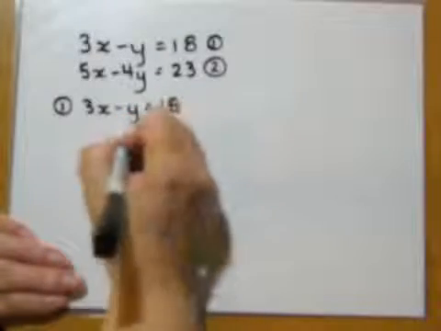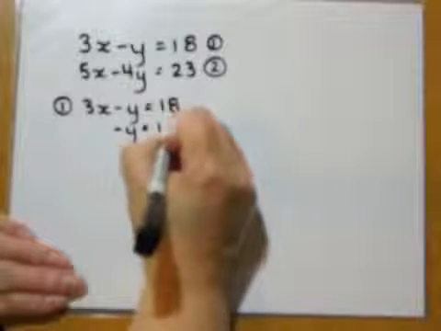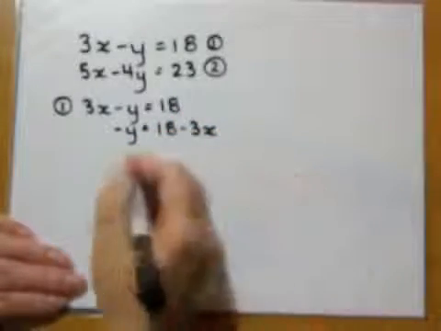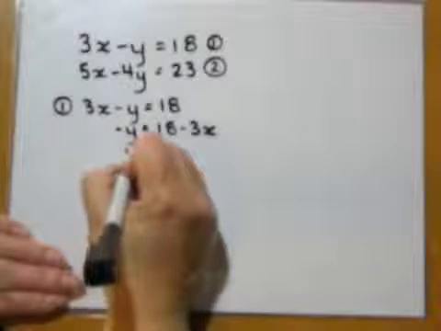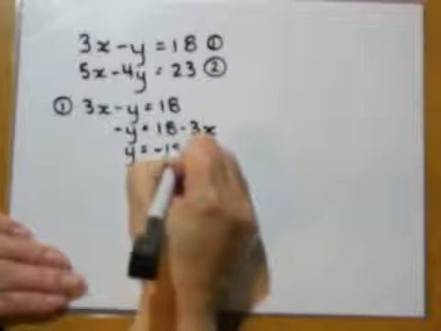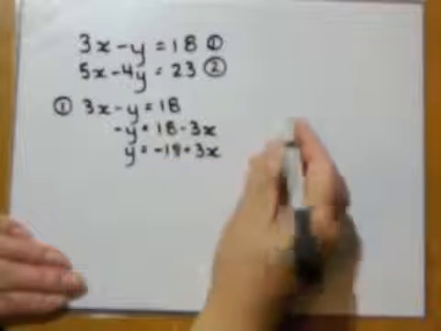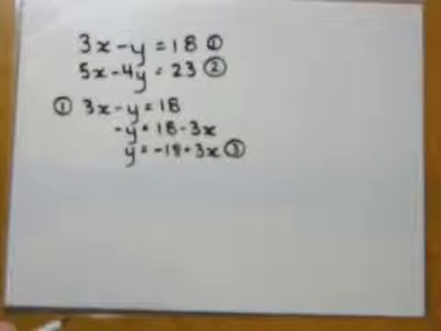First I subtract the 3x on both sides, which gives me negative y equals 18 minus 3x. Y isn't quite by itself yet, it's still got that negative. So I'm going to divide both sides by negative 1, which just switches the signs. So I have y equals negative 18 plus 3x. I'm going to call this equation 3 so I can refer back to it easily.